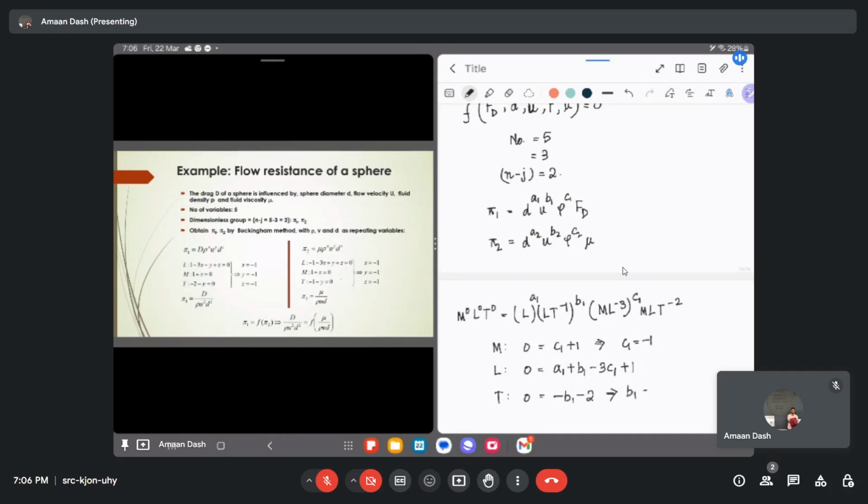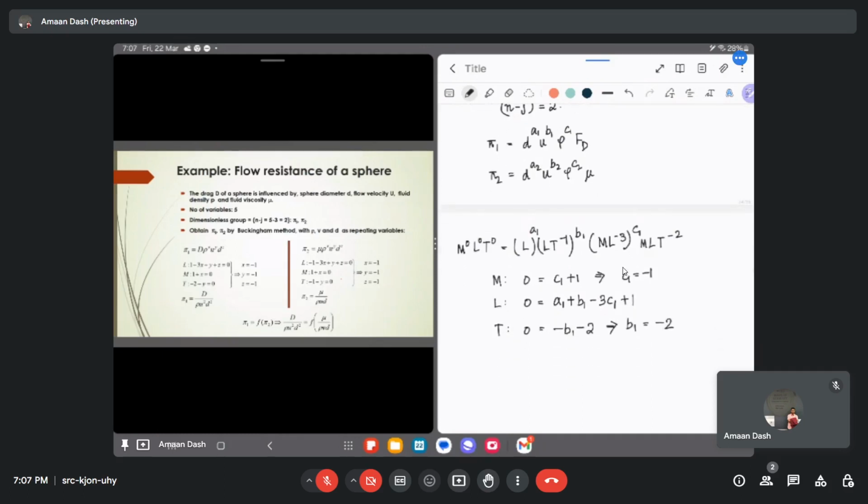So b1 is equal to minus 2. And therefore we have a1 is equal to, b1 is minus 2, minus 3 times minus 1 plus 1, so this is 4 minus 2. So a1 is equal to minus 2.